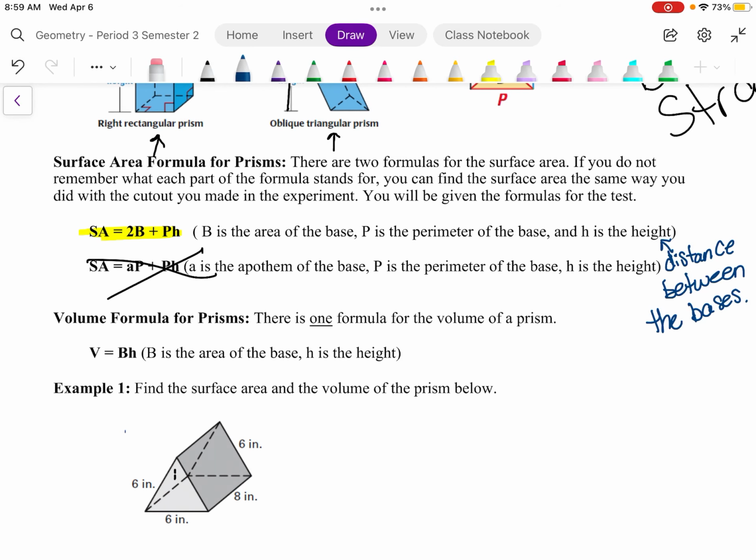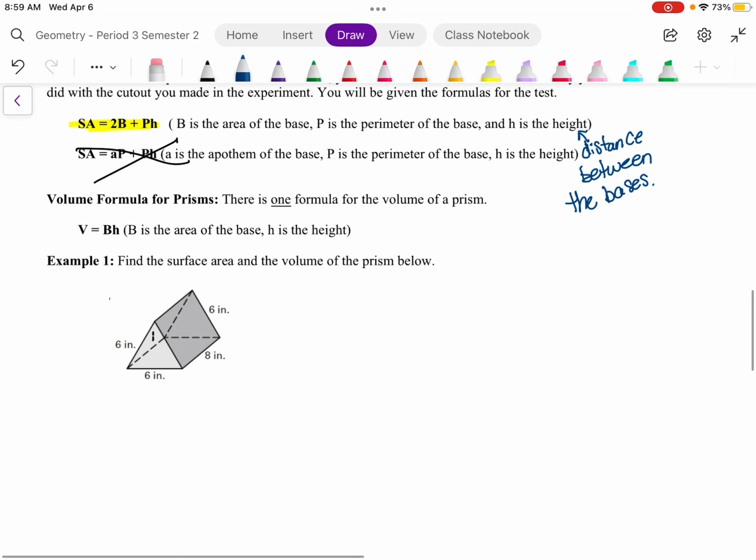All right, so that's the height we were talking about. The volume formula is the area of the base times the height, and again, this is the height of the prism, which is the distance between the bases.